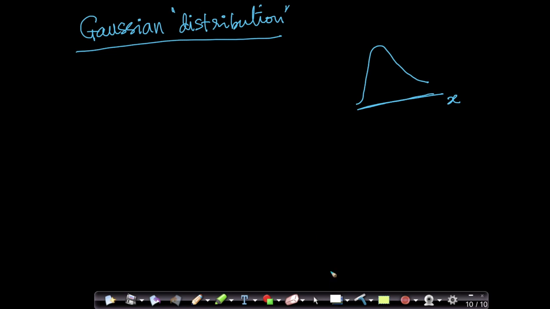by one. Before we go and understand it, the bell-shaped curve that you saw is nothing but the probability density function of a Gaussian distributed random variable.